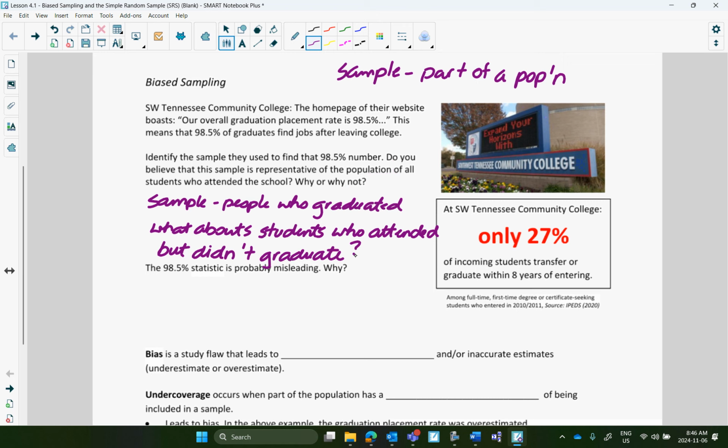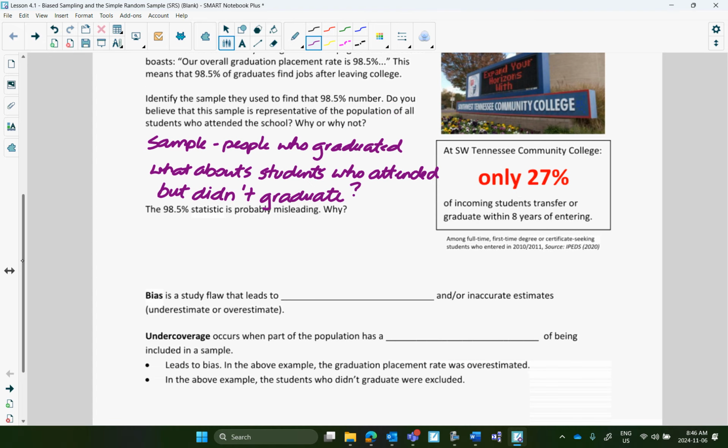Another possible misrepresentation might be that, well, the students who graduated obviously showed a lot of commitment. Maybe they had resources that allowed them to graduate, which sort of gives them an advantage in finding a job. So it could be that too. So it's probably misleading. Okay.